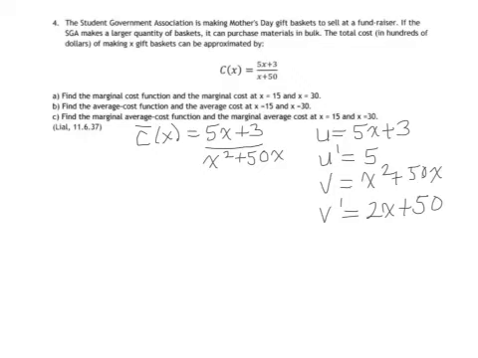So let's put our specific values in now. We've got the average cost function. We're taking the derivative, so now we're finding the marginal average cost function.